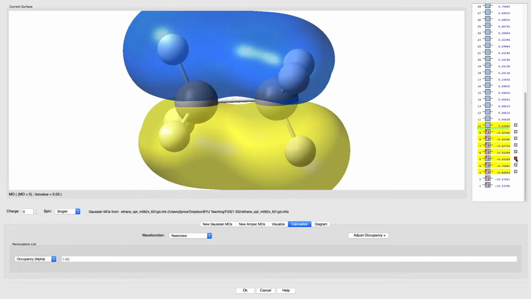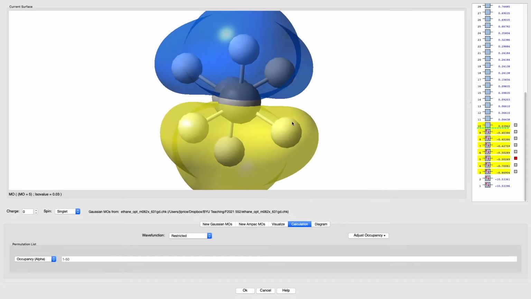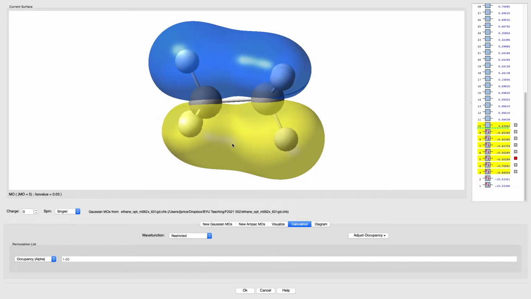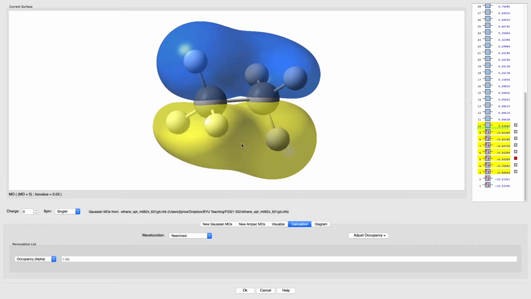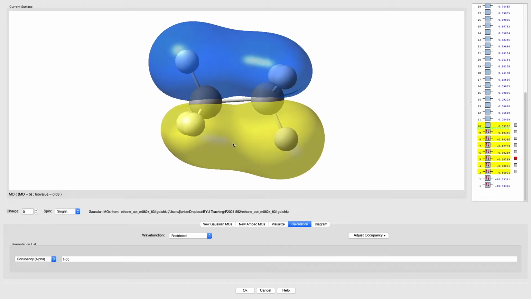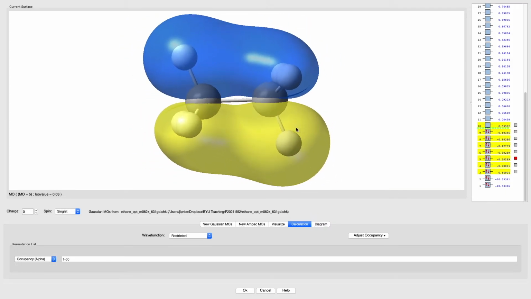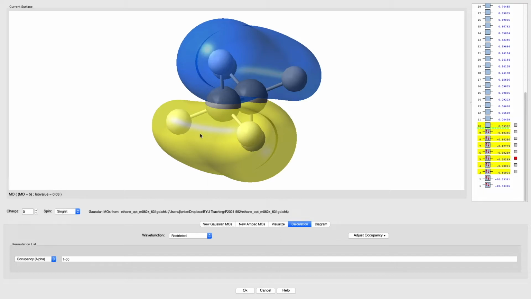Okay, next one. What does that look like it comes from? One of the pi CH3s, and it's the one that has the p orbital on the carbon, and it's overlapping in phase with the hydrogen here and with the two hydrogens on the bottom.